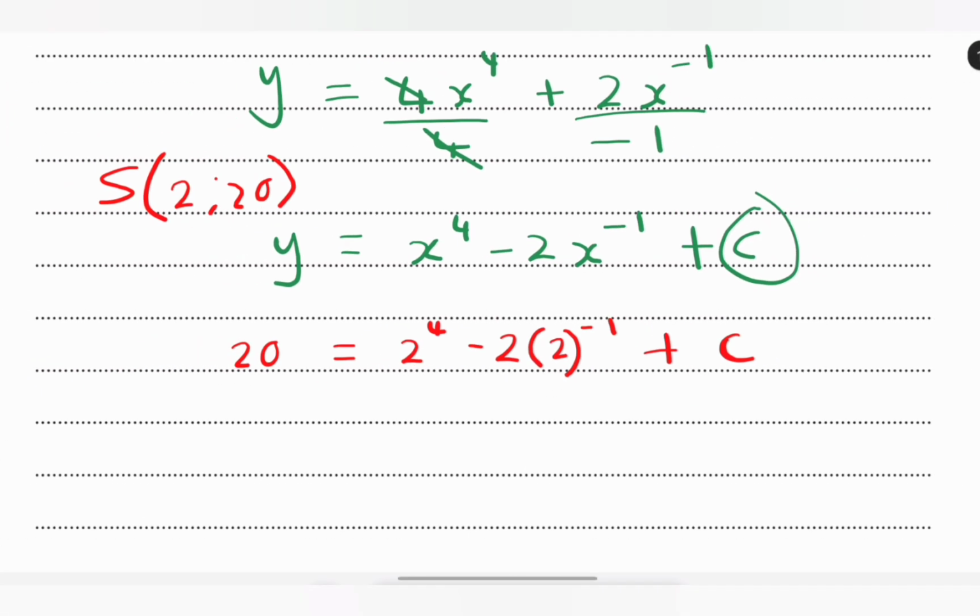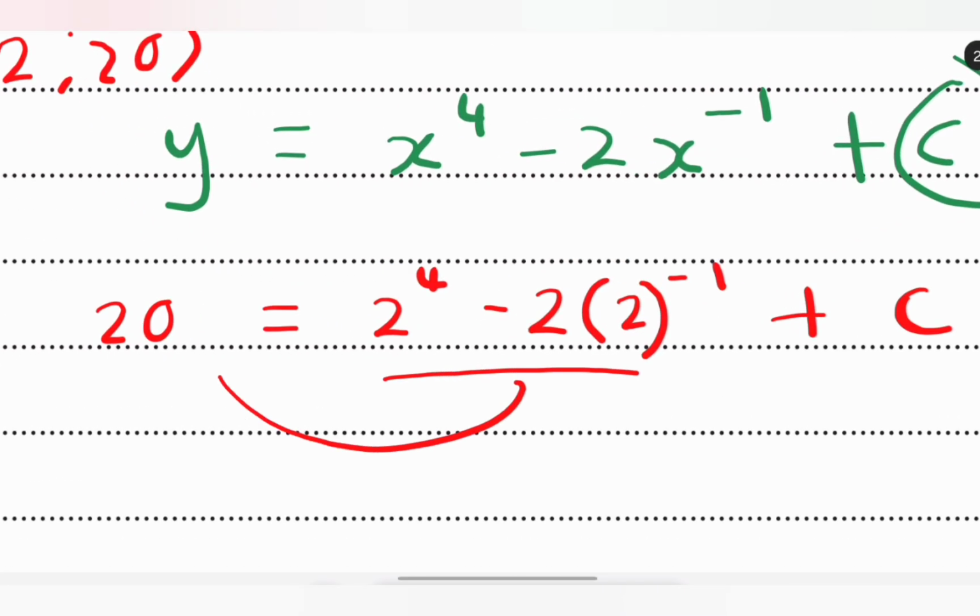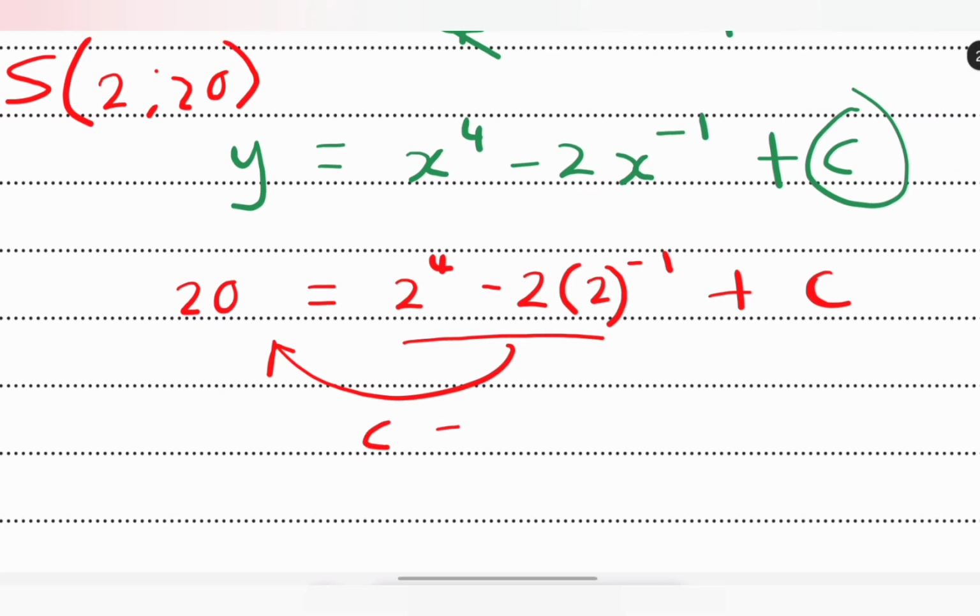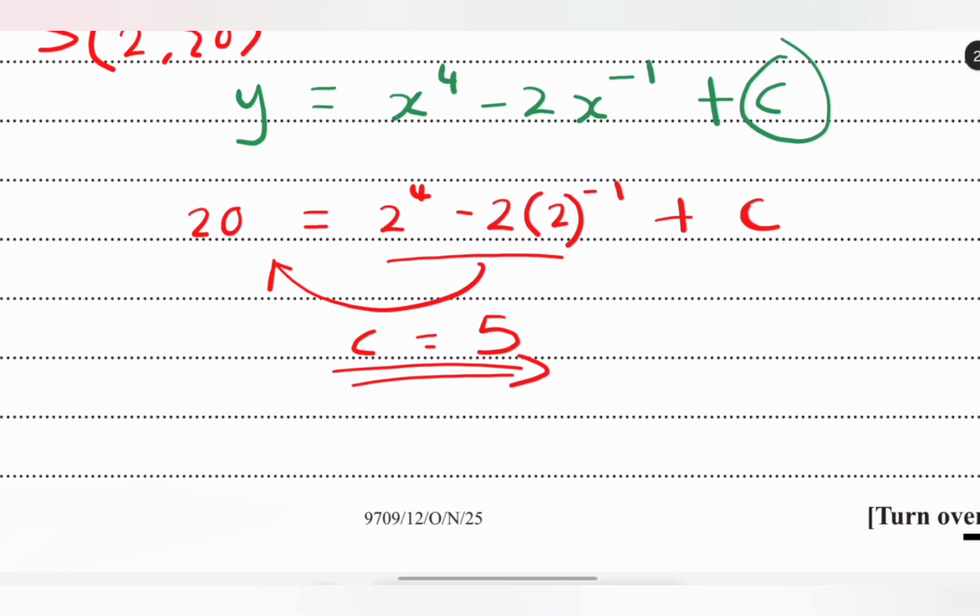And to get c, I'm just going to take this to the left hand side to get our c to be 20 minus 2 to the power 4 plus 2 to the power minus 1, it's 5. So our c is 5. So then our equation will be y is equal to x to the power 4 minus 2x to the power minus 1 plus 5.